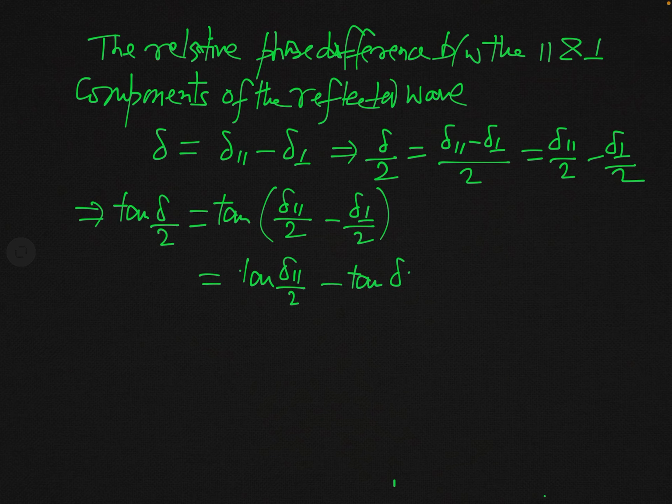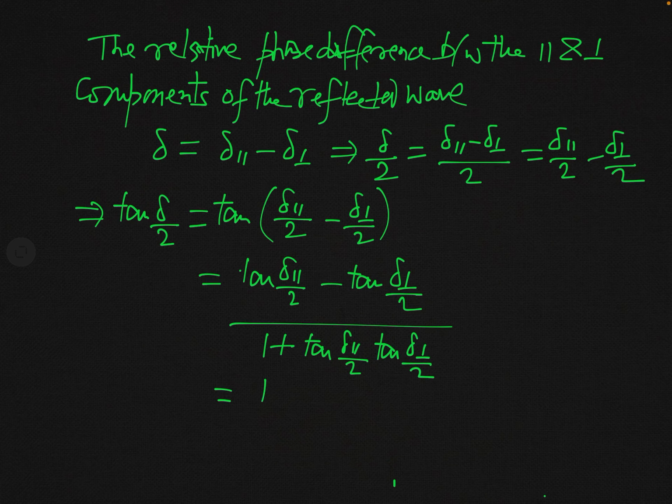Now using the formula for tan A minus B, we can write this RHS as tan delta parallel by 2 minus tan delta perpendicular by 2, over 1 plus tan delta parallel by 2 into tan delta perpendicular by 2.